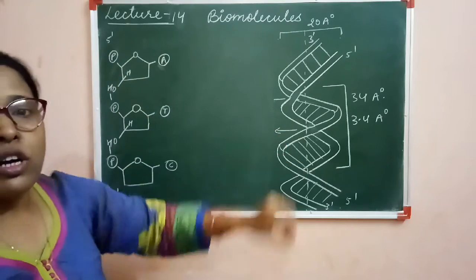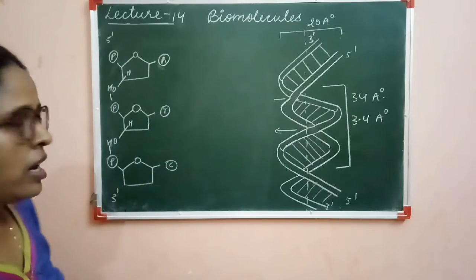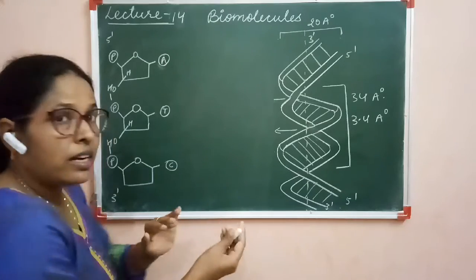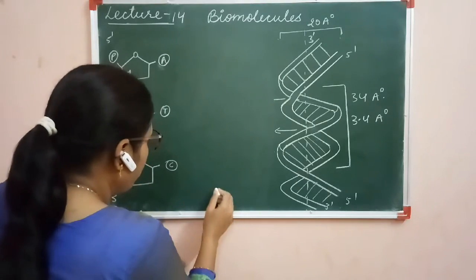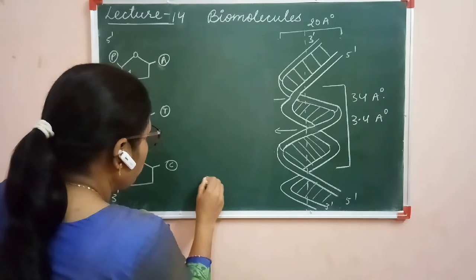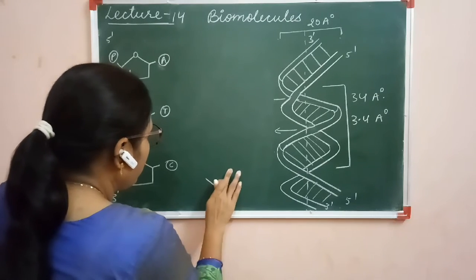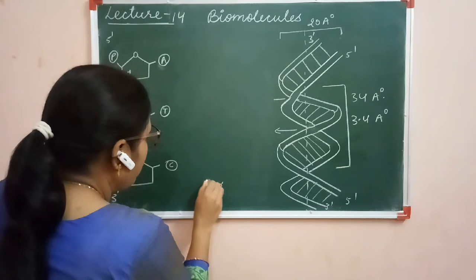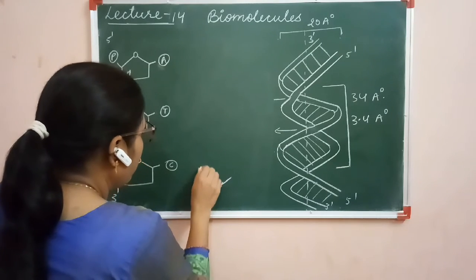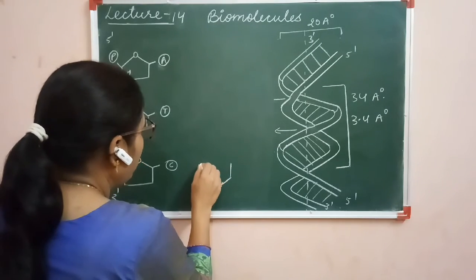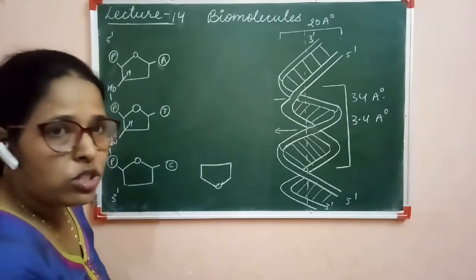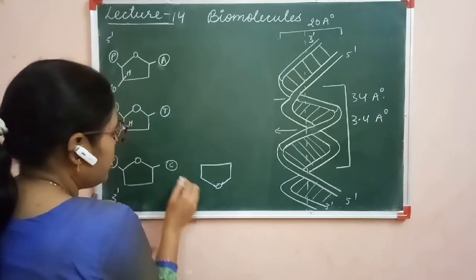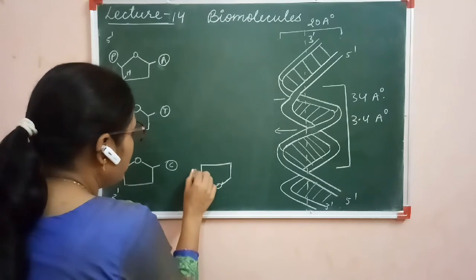Now we will draw the next strand, and in case of the next strand it is anti-parallel, so I am drawing it in the opposite direction. This is the sugar. This is the deoxyribose sugar. This is the first carbon, and at first carbon nitrogenous base is there. This is C, and opposite C, G is there.